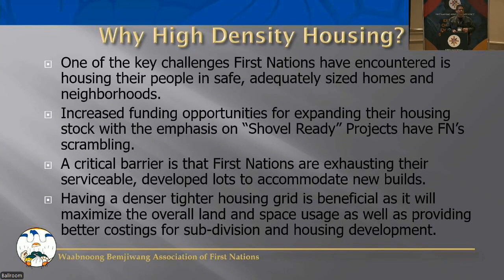Why high density housing, or why are we going to densify our housing? Borrowing from what Siva was working on, micro subdivision, I've been working in this field for about 12 years, and we've always talked about this. We're just making a realization now. One of the key challenges First Nations have encountered is housing their people in safe, adequately sized homes and neighborhoods.